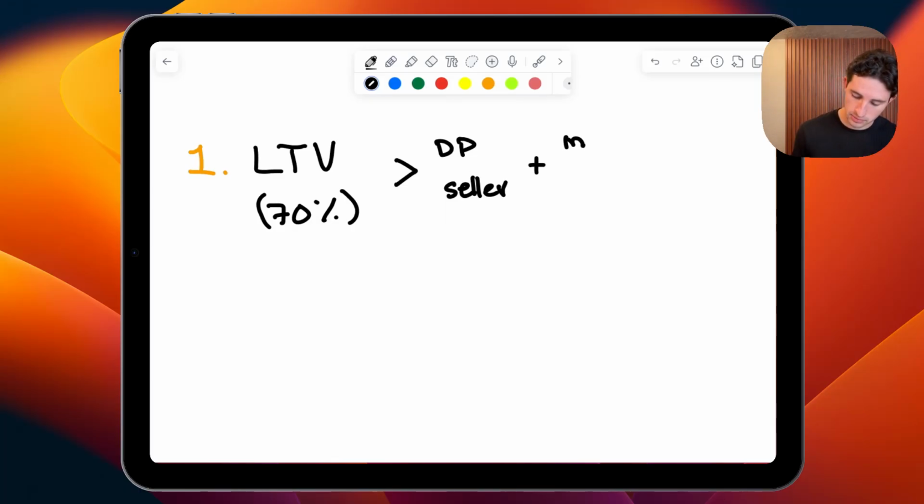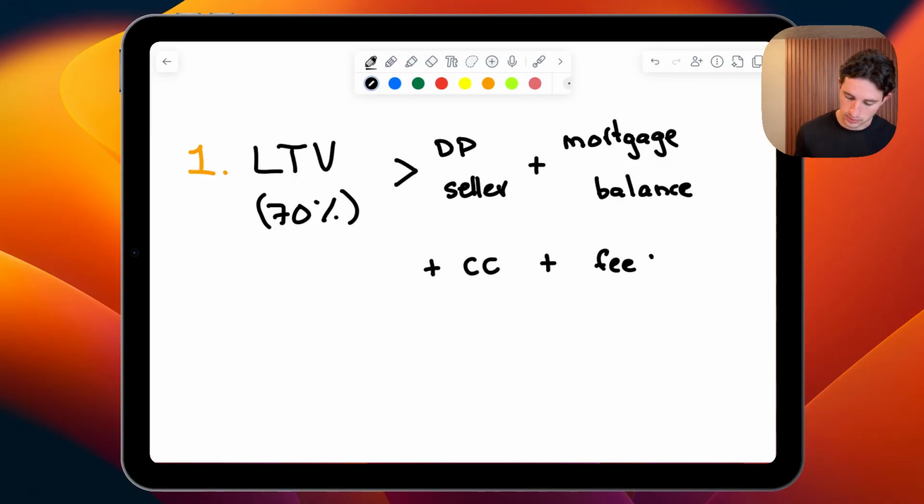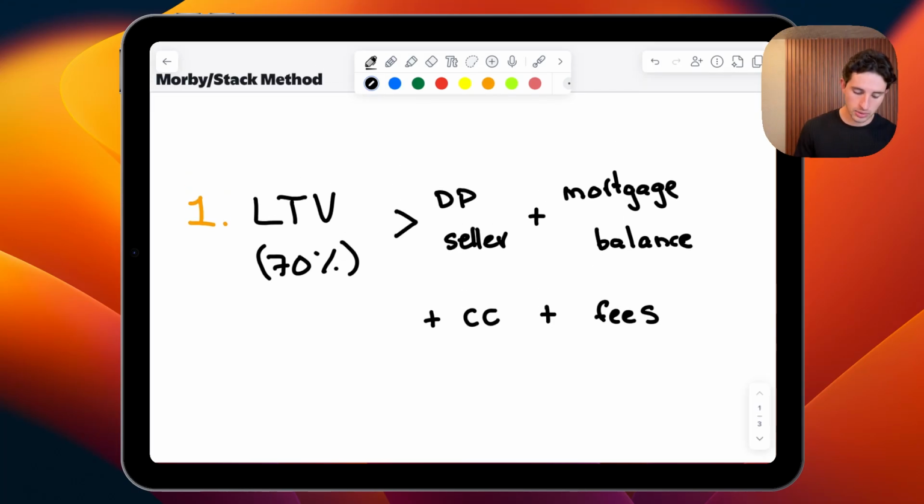down payment to seller plus mortgage balance, plus closing costs plus fees. Okay, so that's the formula. Just to use easy numbers, let's say the purchase price is 1 million.